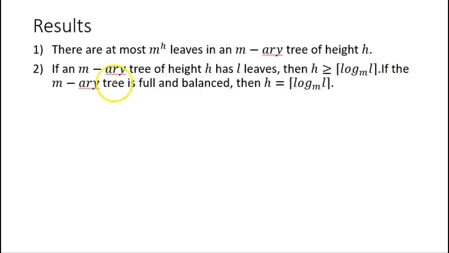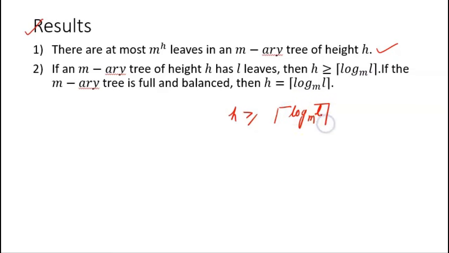Okay. So we have two standard results. The first one is that there are at most m to the power h leaves in an m-ary tree of height h. And here I am talking about an m-ary tree, not a full m-ary tree. So that should be clear. And based on this, we can prove this result as well: if an m-ary tree of height h has l leaves, then h will be greater than or equal to the ceiling of log of l to the base m.